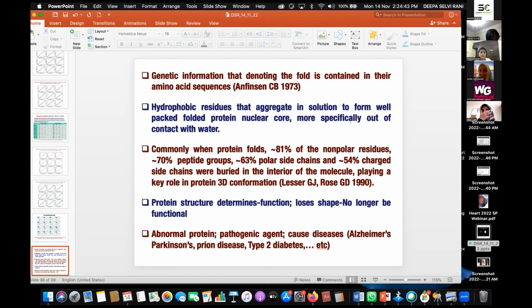That also plays a key role in maintaining the protein 3D conformation. The protein structure determines the function of the molecule. If it loses its shape, it is no longer functional. Abnormal protein itself is a pathogenic agent for many diseases like Alzheimer's, Parkinson's, prion disease, and type 2 diabetes, etc.